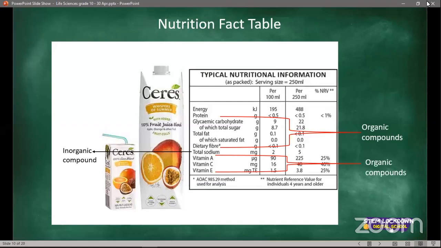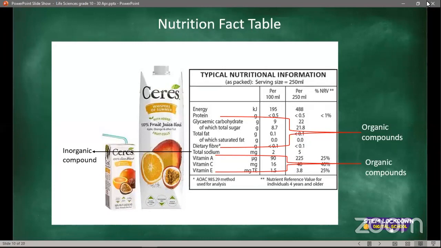Now, just to quickly look at a nutrition fact table, you guys know that we find this at the back of each and every product that we buy in stores. It gives us nutritional information about that package.